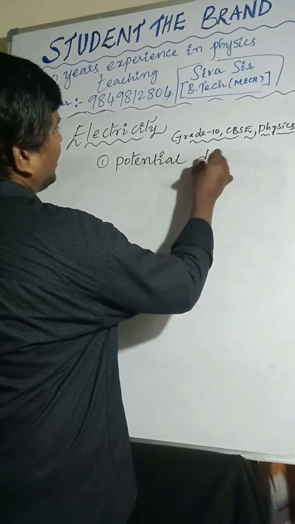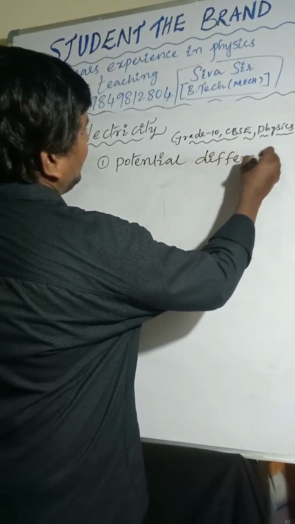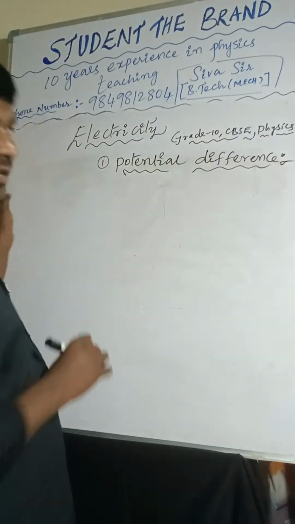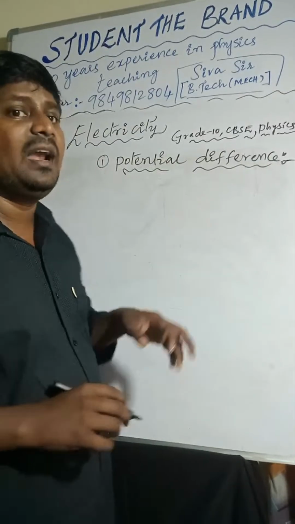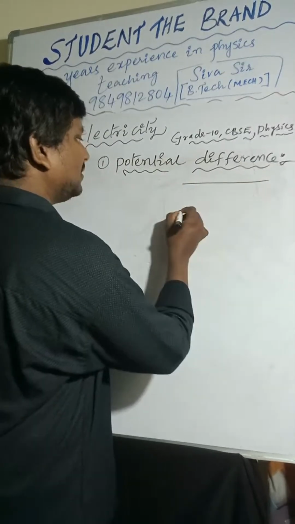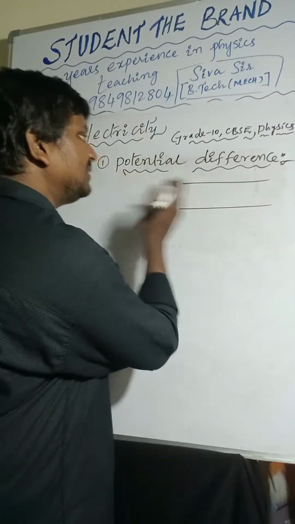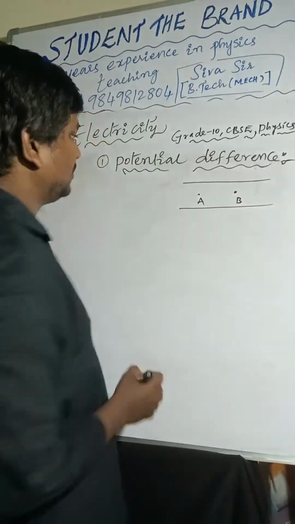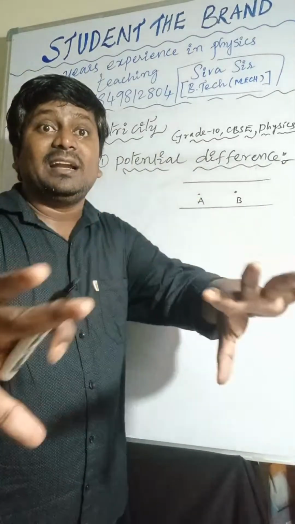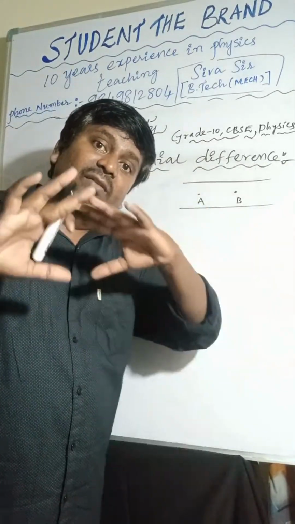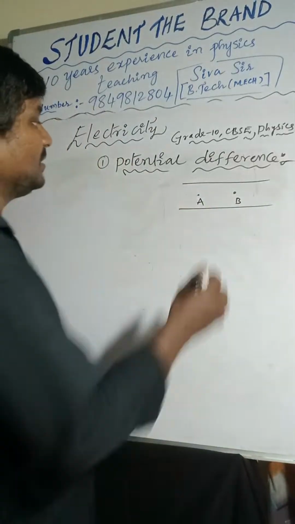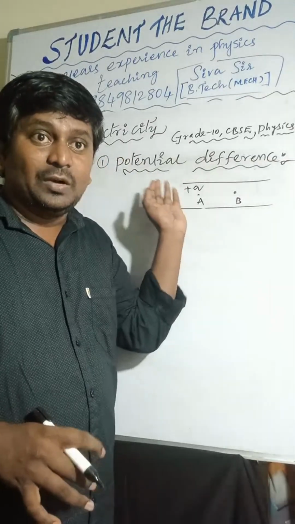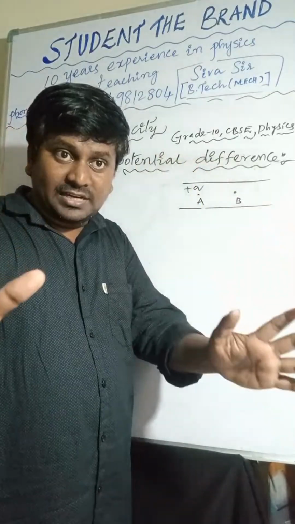Potential difference is nothing but, here is the conductor. I am taking this one point and this another point: point A, point B, within the conductor.